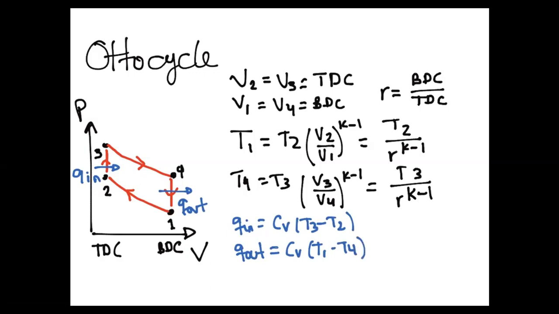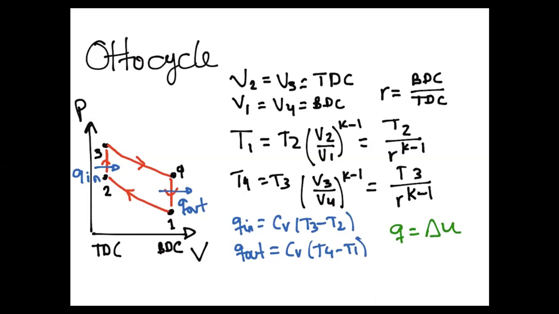Or, in a positive way, it's going to be T4 minus T1. And remember that this is due to the situation that since we have an isochoric process, heat is going to be equal to the change in internal energy, which is Cv delta T.